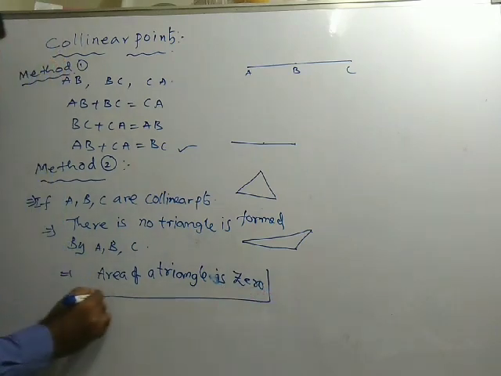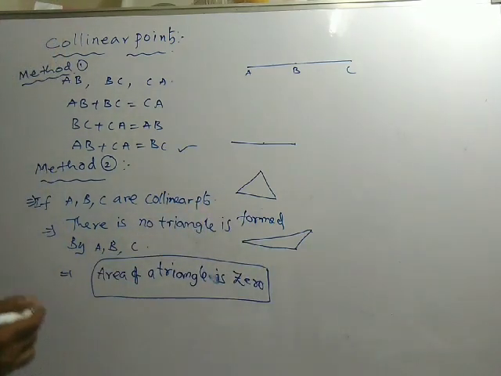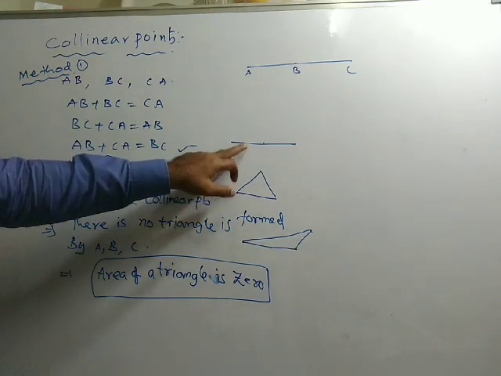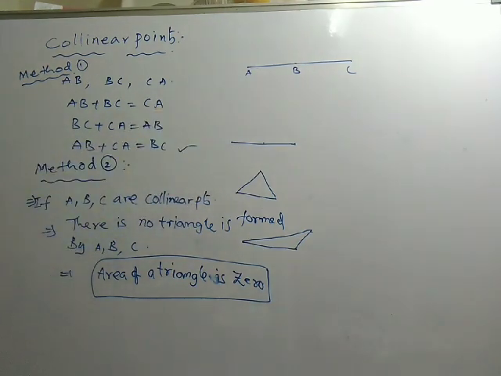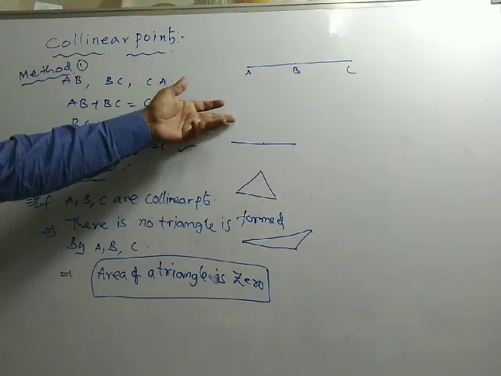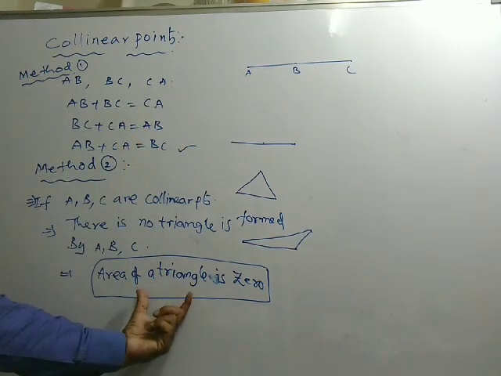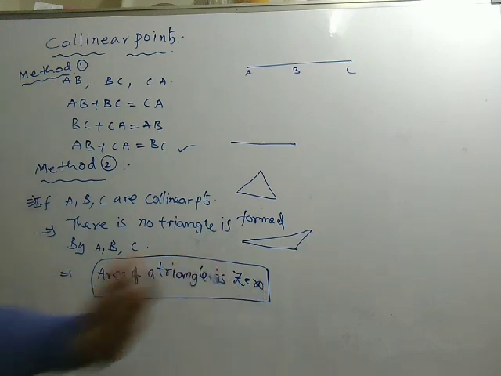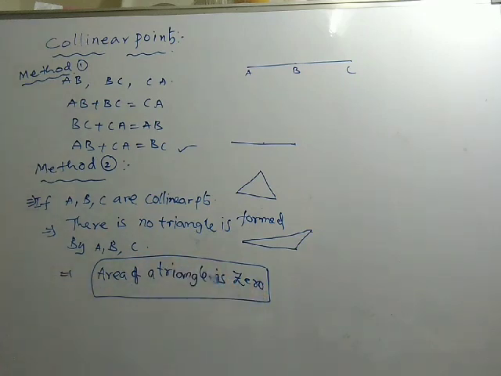This is the concept I want to use to prove whether three points are collinear or not. If the points are collinear, there is no triangle existing, meaning the area of that particular triangle is 0. So from now onwards, if the question is related to collinear points, better to take the condition that the area of a triangle is 0.